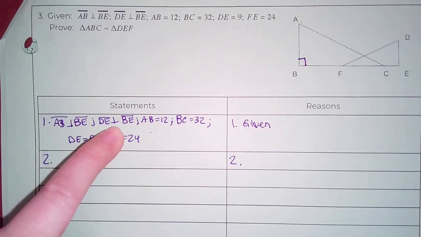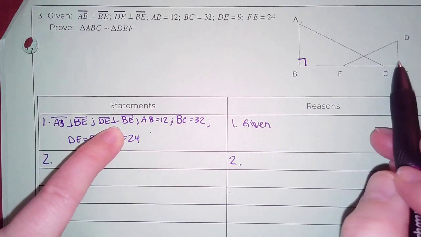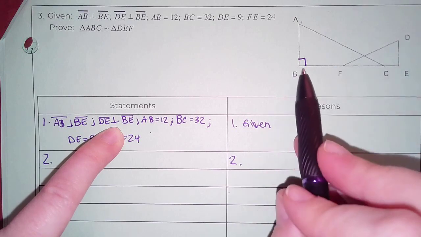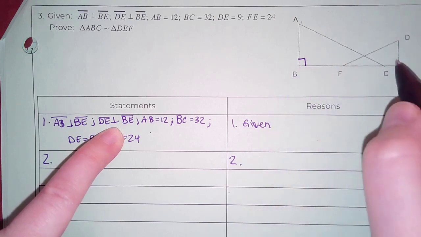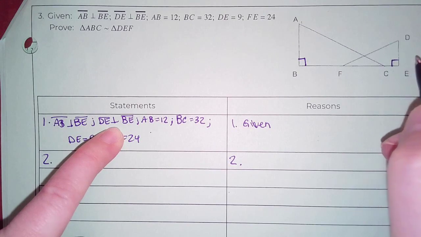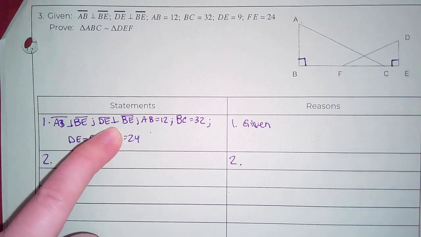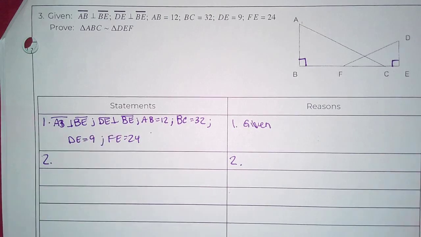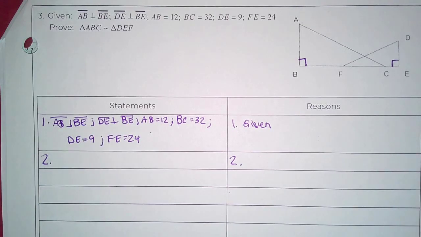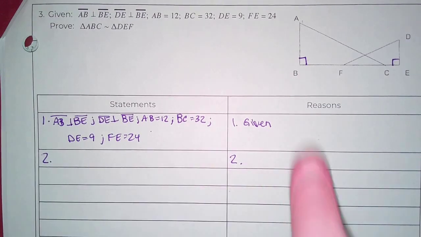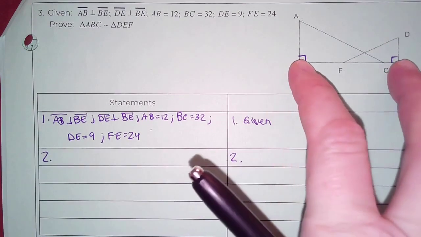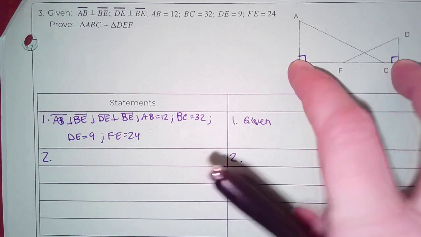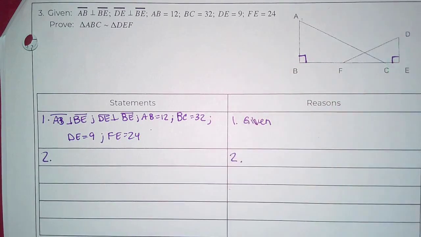And then DE here is perpendicular to BE, so we have another right angle. Before I go any further, I'm probably going to be trying to use side angle side. So in my proof somewhere, I want to say that these 2 angles are equal to each other, or congruent to each other. So let's keep that on the back of our minds.